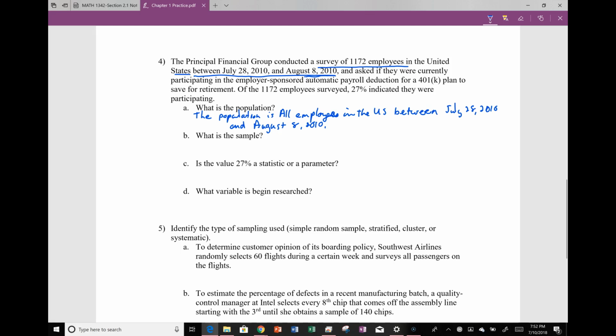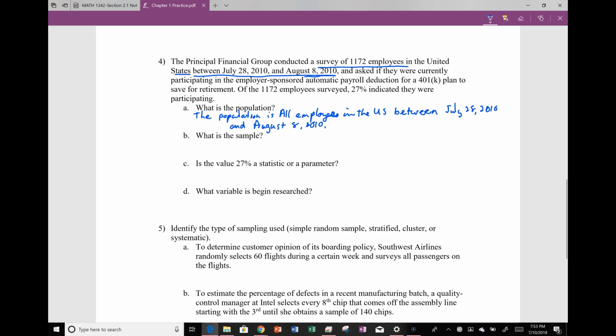Let's say you quit your job on July 27th and then picked up a different job and you started on August 9th. Notice those dates are outside of our spectrum. Therefore, you would not have had any possibility of being part of this survey.